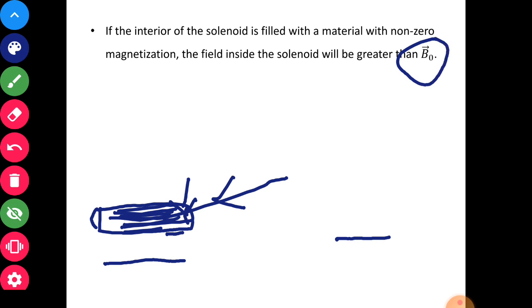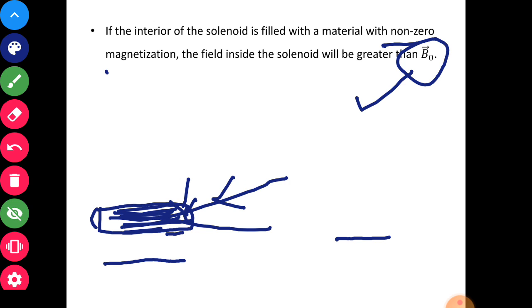Earlier there was no material, there was a vacuum. Now we are filling it with some material, then the magnetization of that material is present. When it has some non-zero magnetization, this solenoid will have a greater magnetic field than B0.